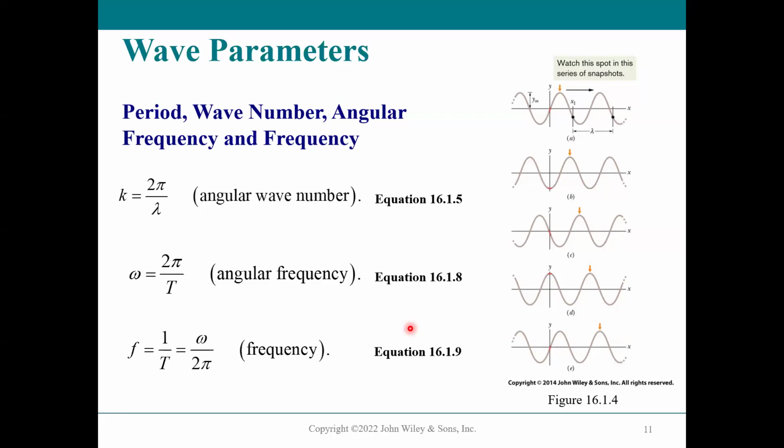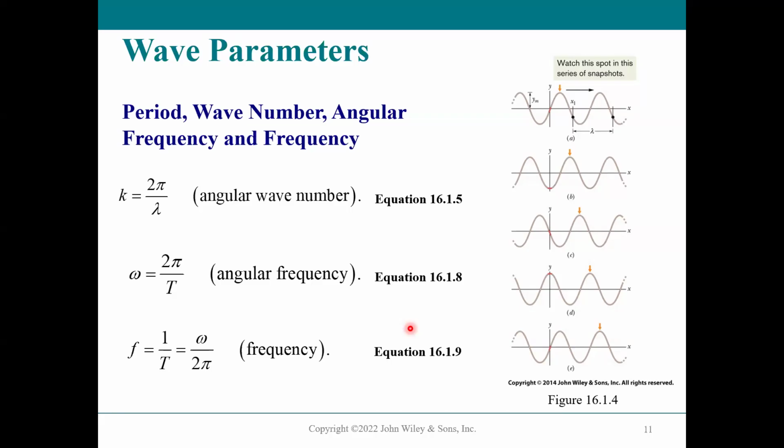And omega, this is the angular frequency: omega equals 2 pi divided by T. Capital T is the period. The period is the time to make one full wave, while lambda is the distance of one wave. And T is the time to complete one wavelength, in seconds.